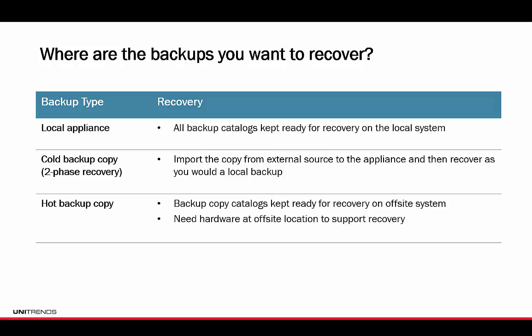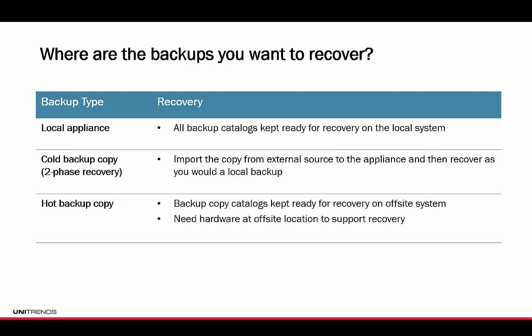Now, you also have cold backup copies. Those are the copies that we've sent off to cold storage, to tape or disk or NAS, to the cloud. That's two-phase recovery. You have to import the copy from the external storage first back to the appliance and then recover it as you would a normal local backup once it's imported.